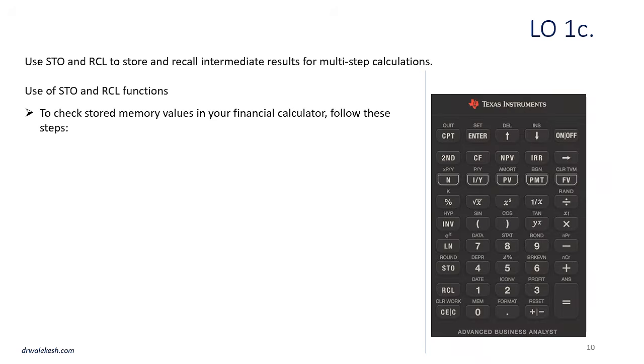On the previous slides, we discussed the use of STO and the recall functions. To check stored memory values in your financial calculator, you need to follow the following steps. Before we get started with the steps, it is worth noting that we are interested in the MEM function.